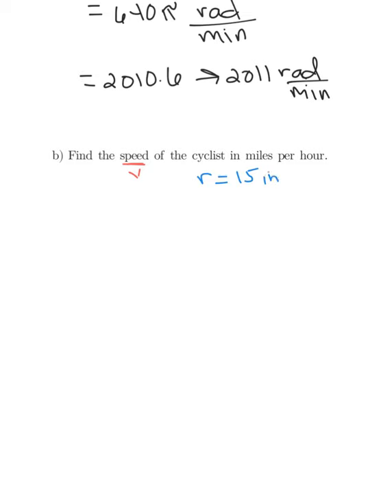And we just found from part A that omega is, now we go back to the pi version of this, 640 pi radians per minute. So the formula that we want to use is V equals R omega.